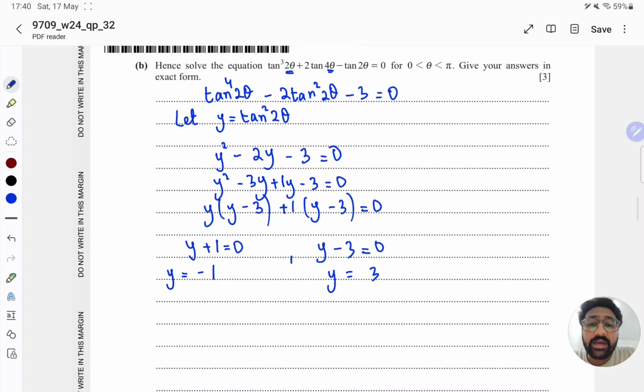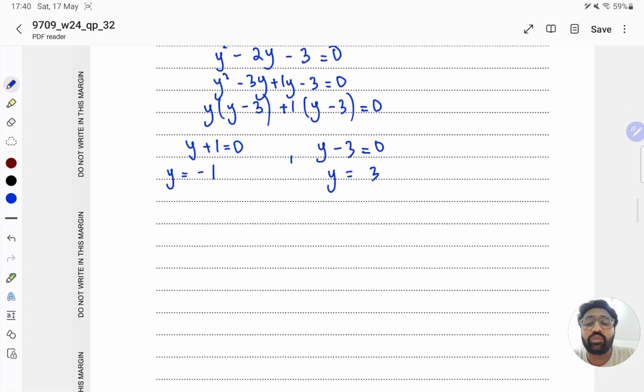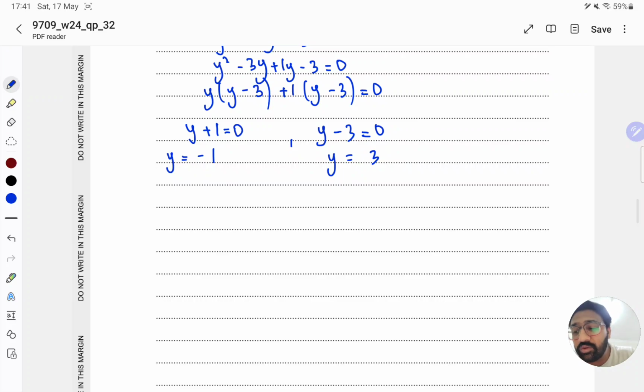Now we know that y is basically tan square 2 theta. Let me just substitute it here. For tan square 2 theta equals negative 1, and tan square 2 theta equals plus 3. The negative side, a square root on the left side is not possible. Let me write it here, not possible.